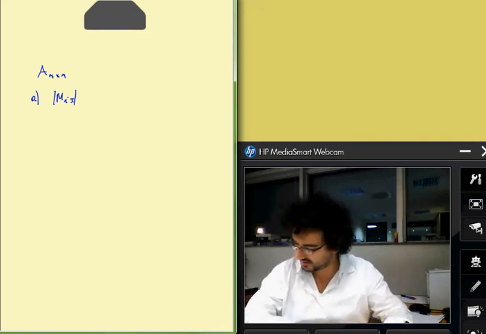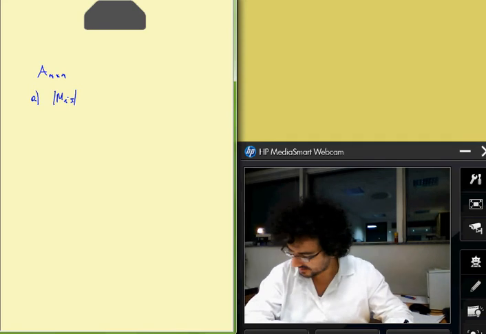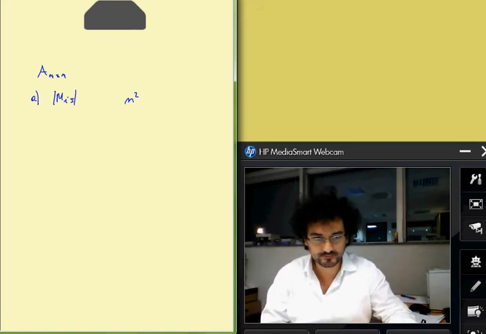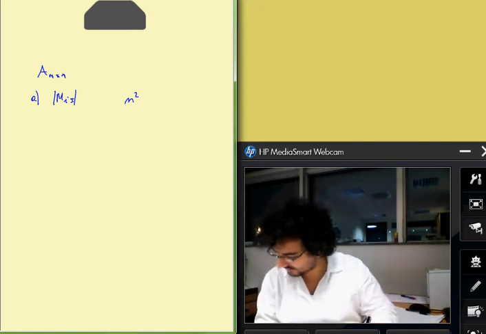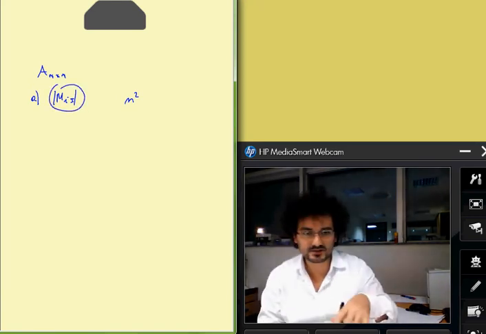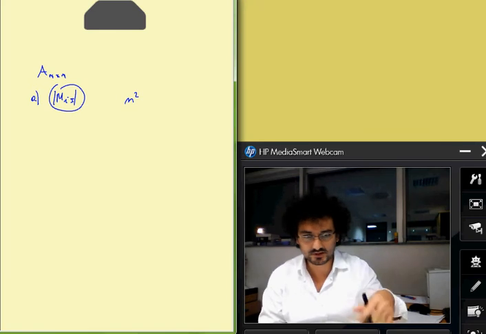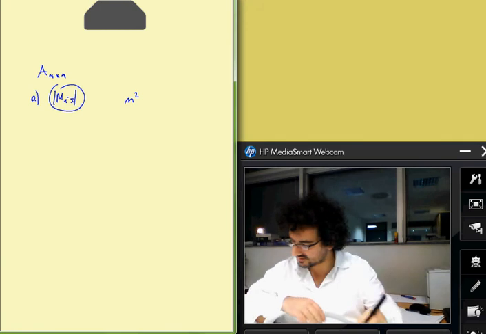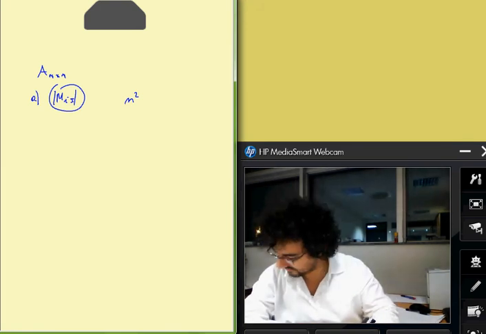So if we consider an n by n matrix, we have n squared possible minors. We will see better what a minor is with an example of a 2 by 2 matrix. Once we understand what a minor is, we can consider the so-called cofactor.